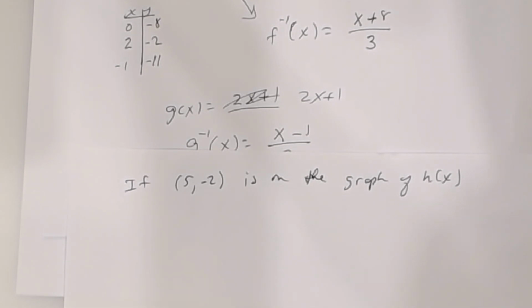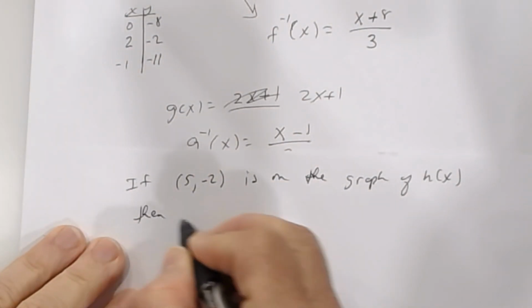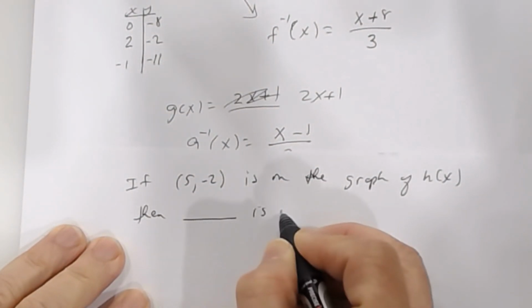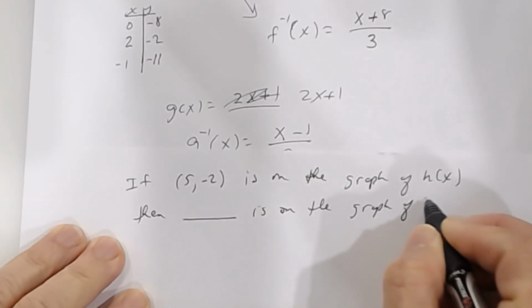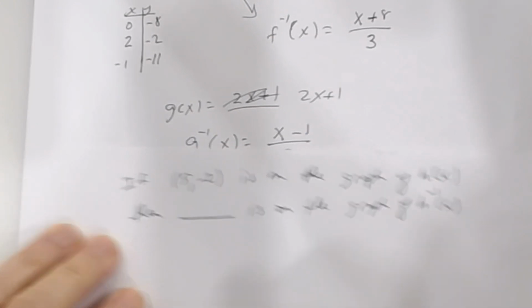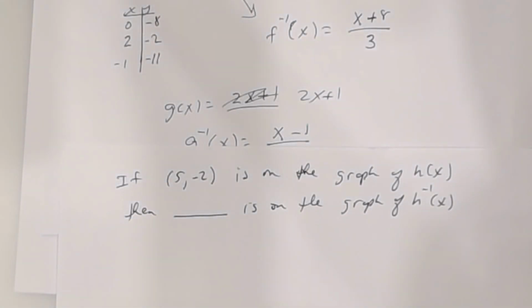Then blank is on the graph of h inverse of x. (-2, 5).